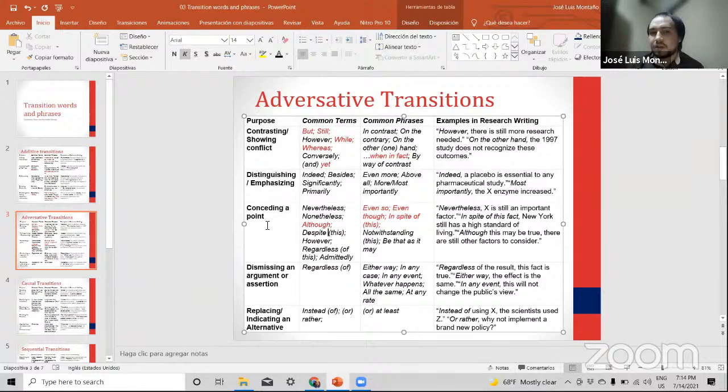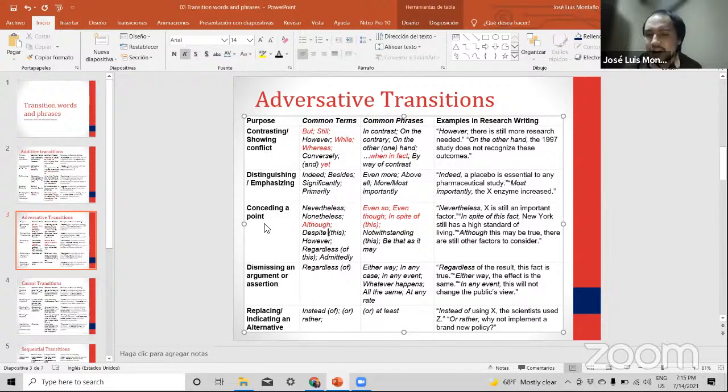What is considering a point? What is the difference between contrasting and considering a point? To consider a point is that even though this is a good idea, you're not going to do it because of a special thing that is happening. For example, you can say, I love swimming.